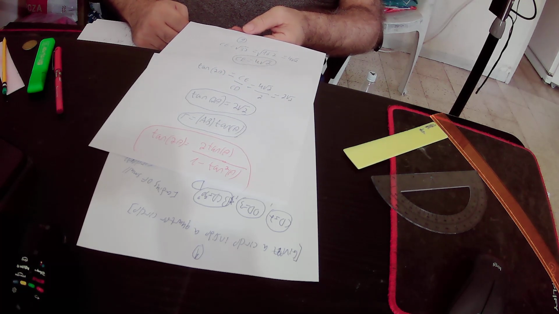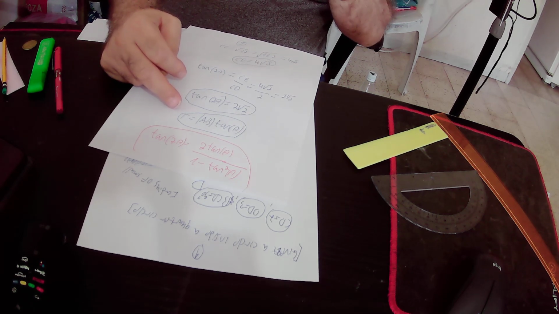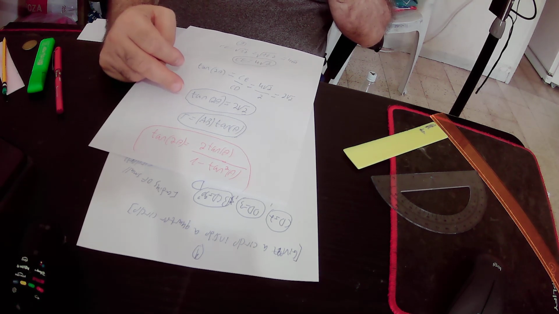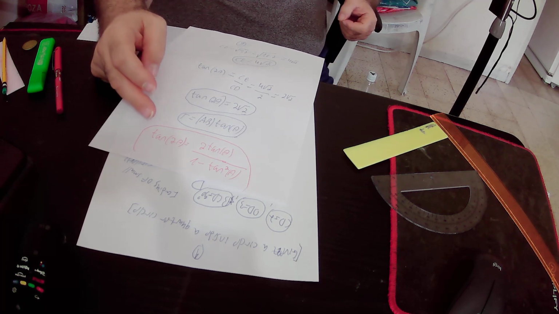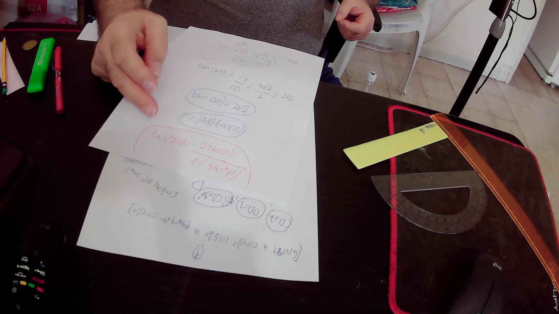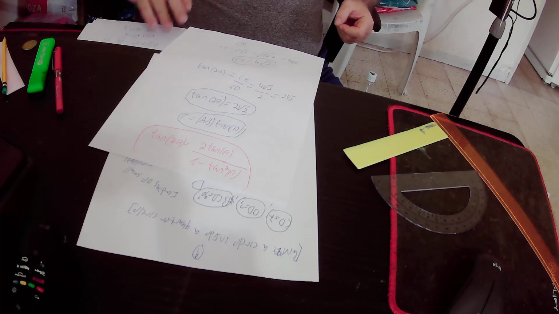Okay? And we have the equality that r equals AB times tangent theta. So we want to find out the value of tangent theta when we have the value of tangent 2 theta. In order to find tangent theta from tangent 2 theta, we will use the trigonometric identity that states that tangent 2 theta equals 2 tangent theta over 1 minus tangent squared theta.